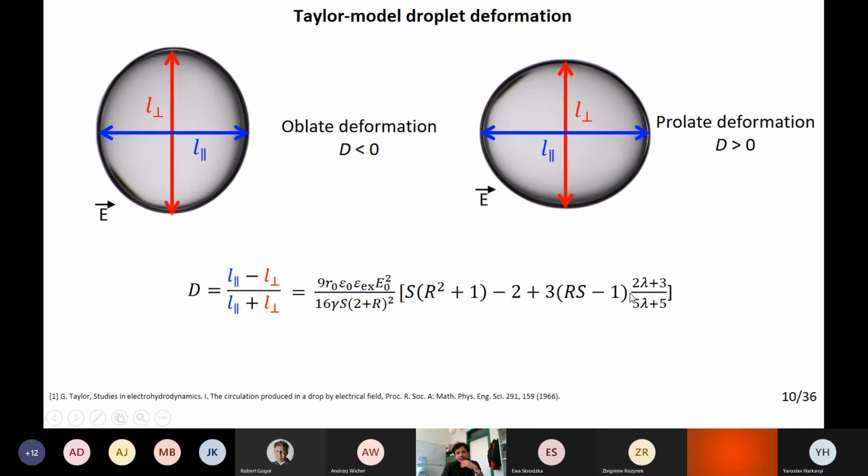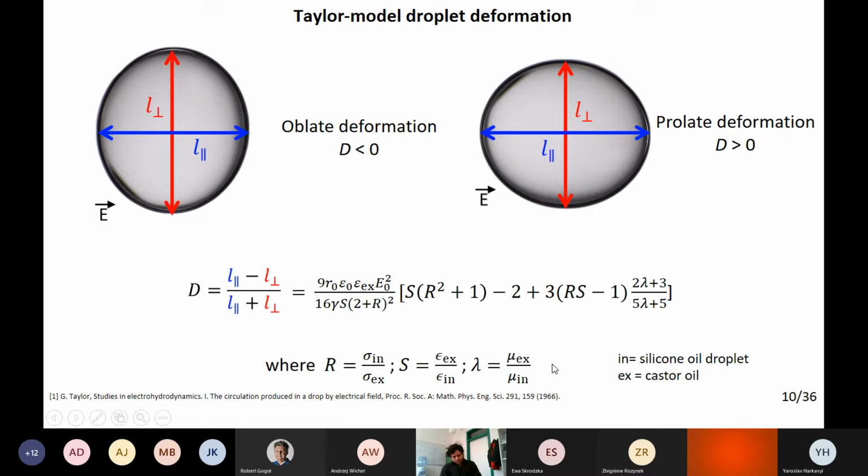R, S and lambda are dimensionless ratios, where R is defined as the conductivity ratio of the interior and exterior liquids, interior meaning the silicon oil droplet and exterior meaning castor oil. S is the permittivity ratio, and lambda is the viscosity ratio.